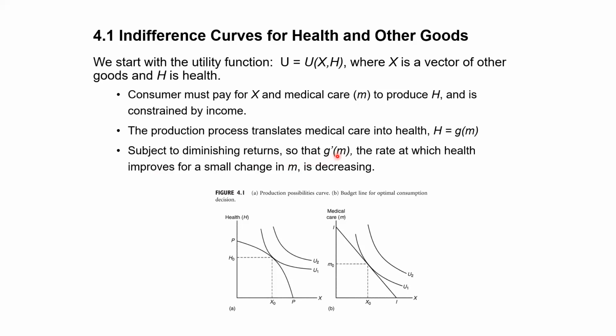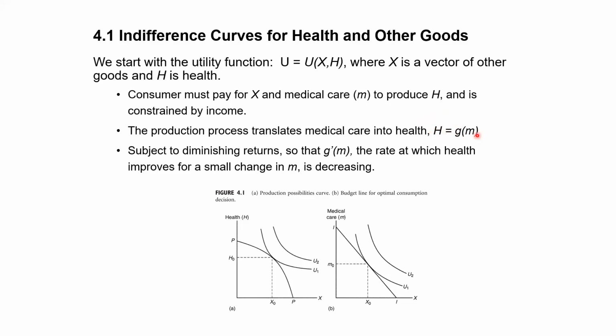So, subject to diminishing returns, G prime of M is the function of how medical care is consumed. The rate at which health improves for a small change in M is decreasing. Diminishing return says that the rate at which H improves becomes smaller, though still positive.